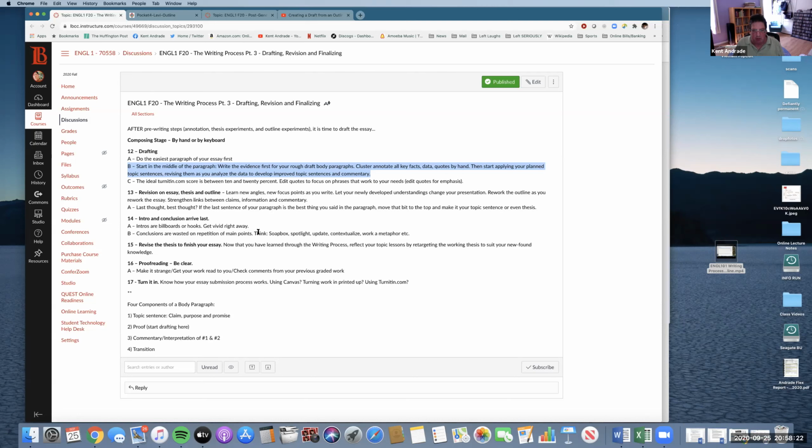When we write body paragraphs for a research essay, we are anchoring each paragraph around a piece of data, a data point or two, a quotation, a statistic, a story. Yes, a story can be a data point, absolutely.